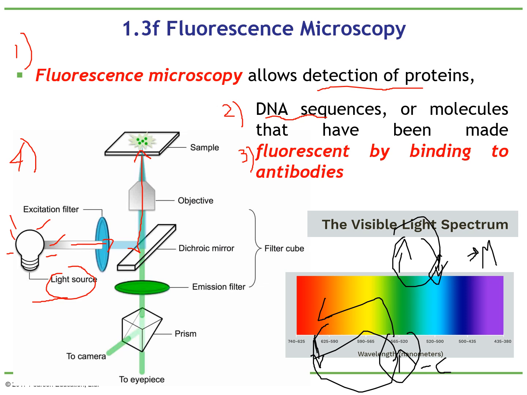Let's put it here in green. And this is going to go to an emission filter that is going to filter all this light, and it is going to go to a camera, and then you can see that.